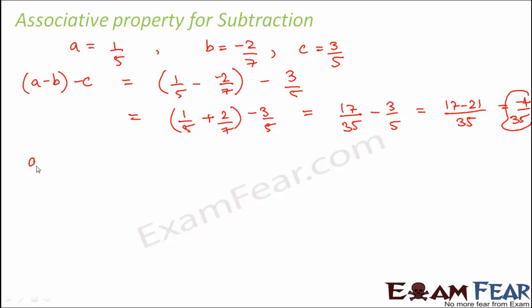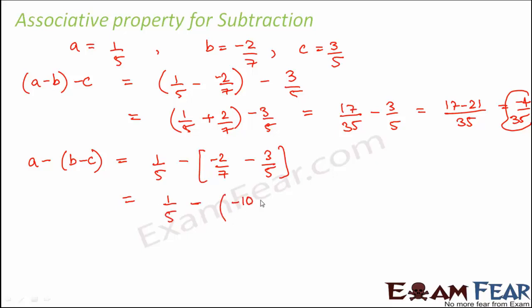Now in a similar way, if we calculate A minus (B minus C), we find 1 by 5 minus (2 by 7 minus 3 by 5). So this comes out to be 1 by 5 minus (10 minus 21) divided by 35, and this comes out to be 1 by 5 plus 31 by 35.